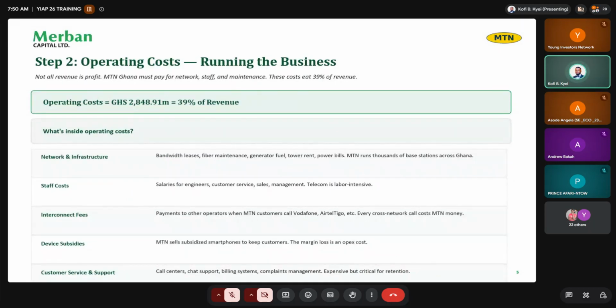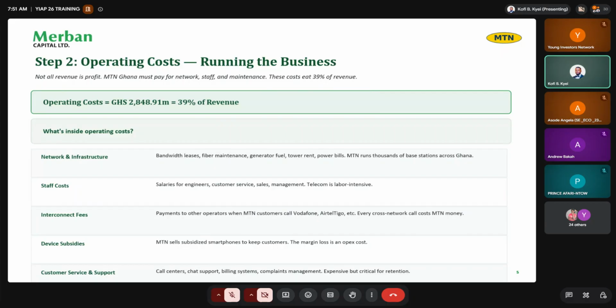Now the operating costs, these are the breakdown. Inside the operating costs, we have network and infrastructure, staff costs, interconnect fees, device subsidies, customer service, and support. These are the components of the operating cost, and the operating cost is equal to 22.8 billion.